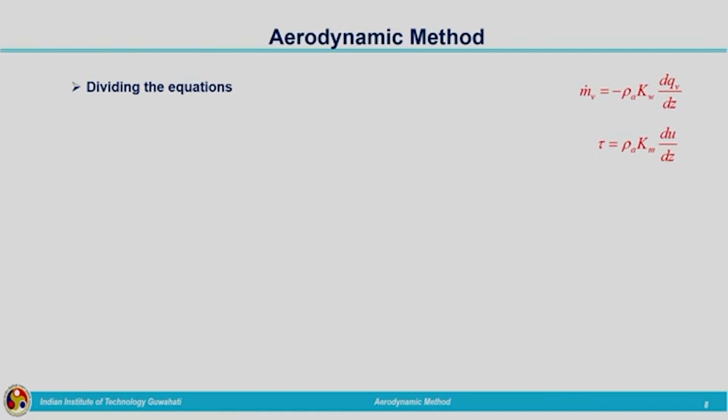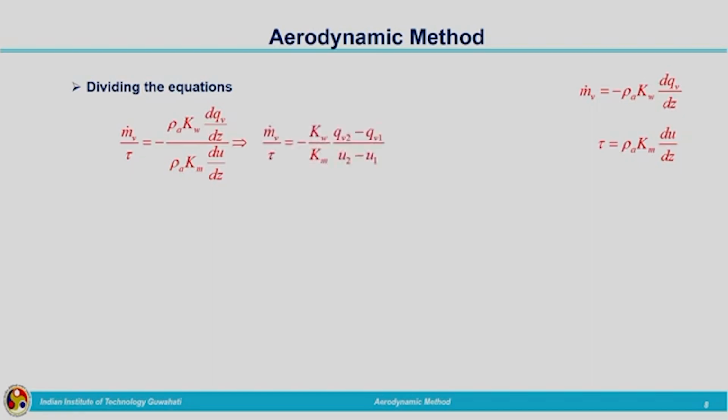So, we are going to divide these two equations, mv dot divided by tau. On the right hand side, the negative sign is there, rho a kW dQV by dz divided by rho a km du by dz.